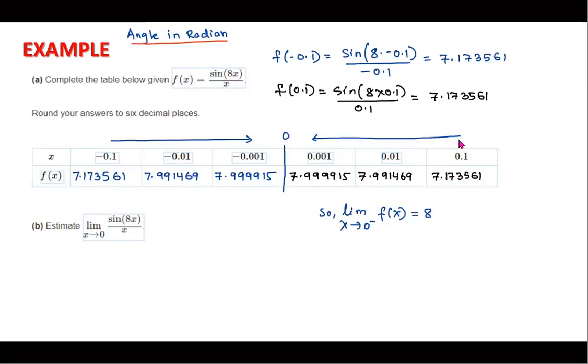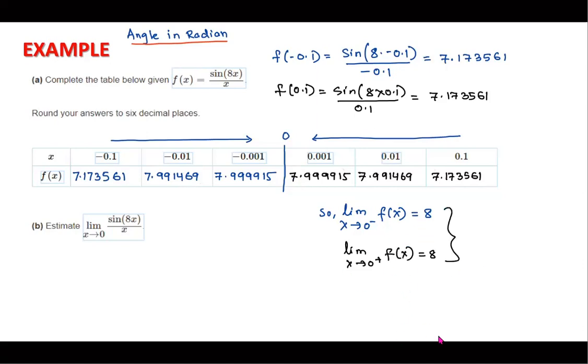So just like on the left-hand side, we have the same values on the right. As the values of x are decreasing and approaching 0, the function values are increasing and approaching 8. So we can say that the limit as x approaches 0 from the right of the function is also equal to 8. And clearly, the left-hand limit and right-hand limit are equal.